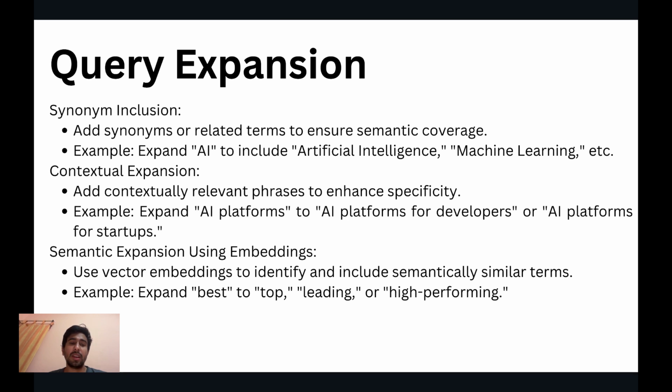You can also add contextually relevant phrases to enhance the specificity of the query, and we can use word embeddings to identify and include semantically similar terms. For example, you can expand the best to top or leading or high performing. So you can include different kinds of similar words to the user query based on the similar embeddings.